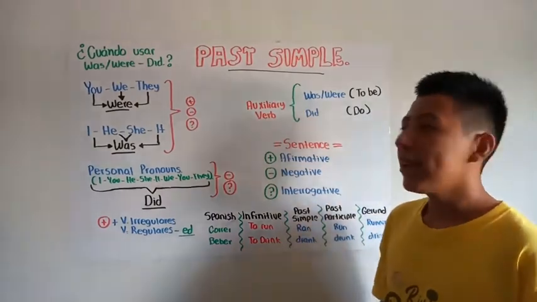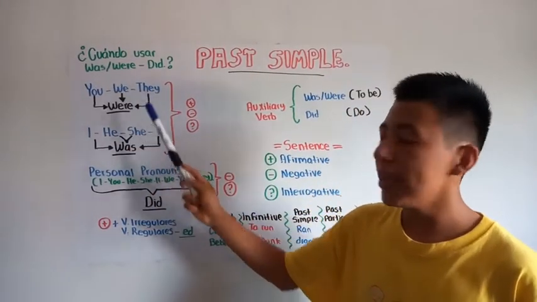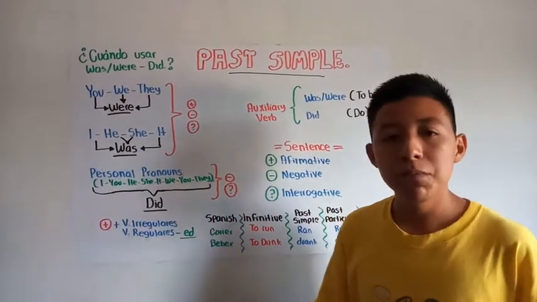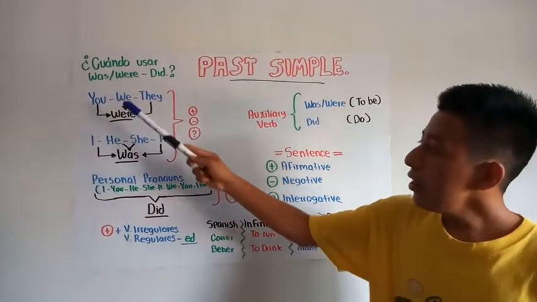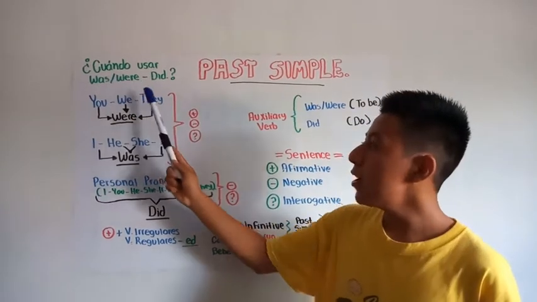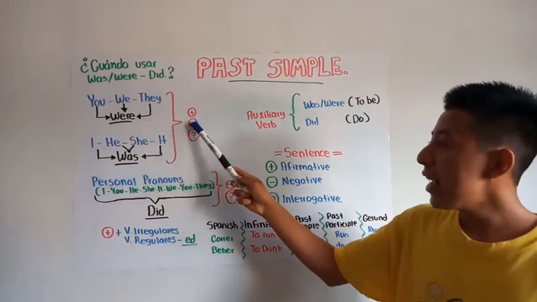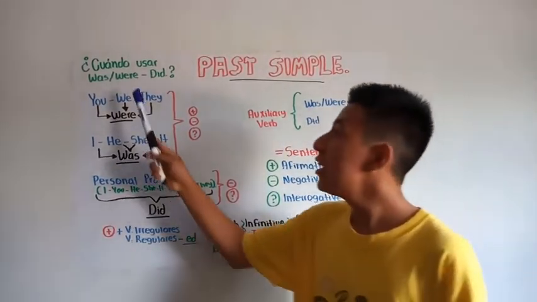Were you can use with the personal pronouns you, we, they. And the word was you can use with the personal pronouns I, he, she, it. Only with these personal pronouns. And with was or were, you can make affirmative, negative, and interrogative sentences. It's an advantage of was and were.